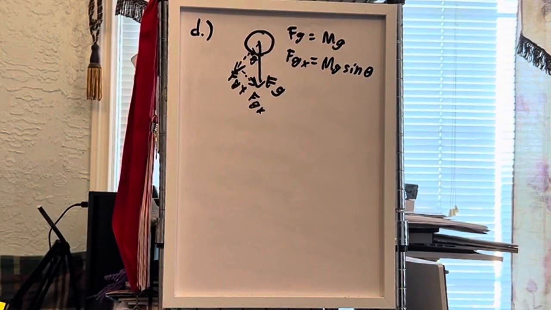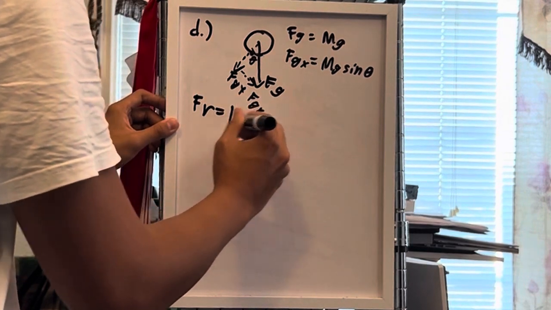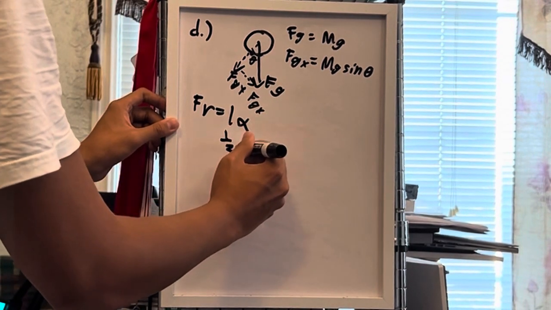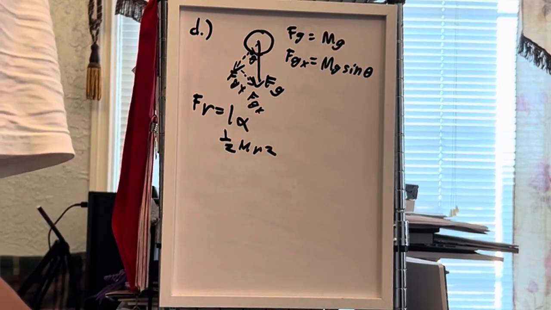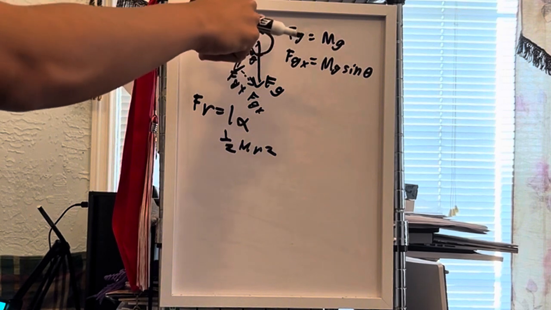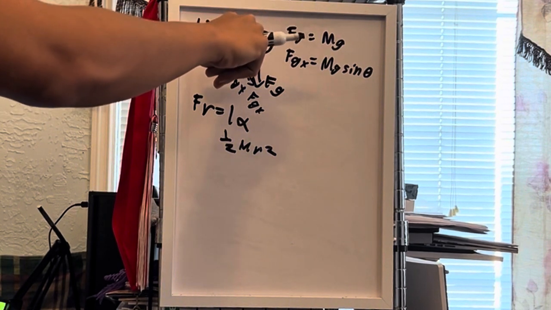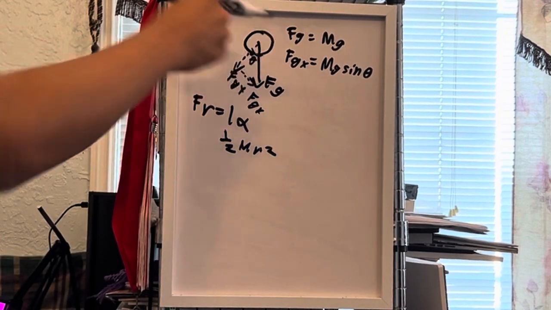So that's Fgx. Now, like I established before, let's do Fr equals I alpha, right? 1/2 mr squared right here, alpha. No, not 1/2 mr squared. 1/2 mr squared would be the inertia of a disk, right? But since I'm shifting the pivot down here, I'm going to have to use the parallel axis theorem, right? And this distance I shifted down is just r.